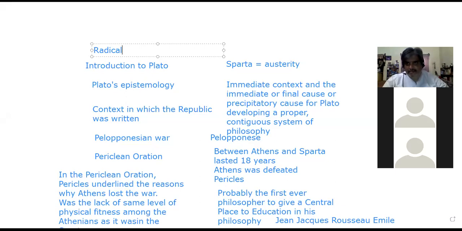we in this country have this unfortunate tendency to associate radicalism, or the word radical itself, with things like communism, and not just communism but also with what was once called Naxalism, okay, or terrorism.